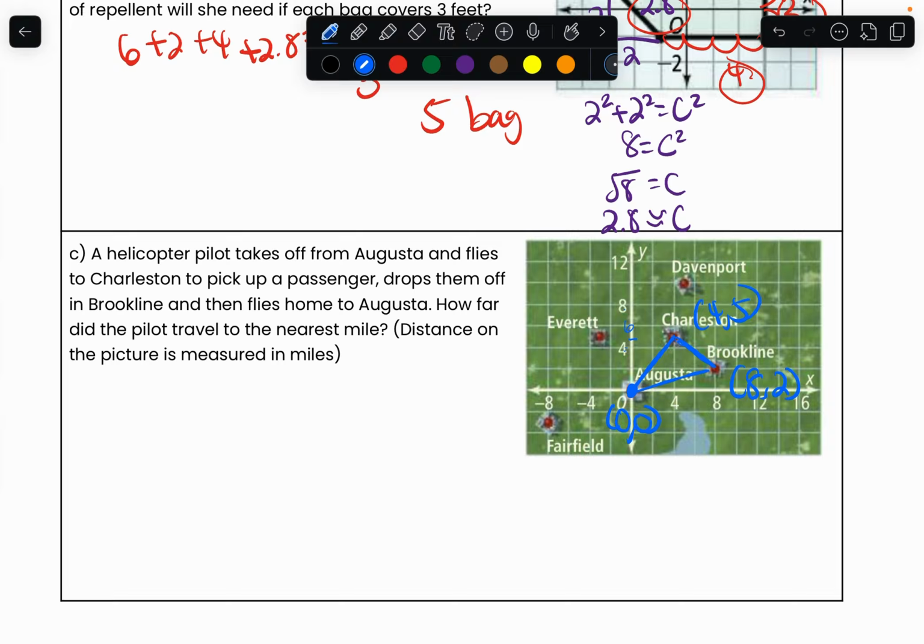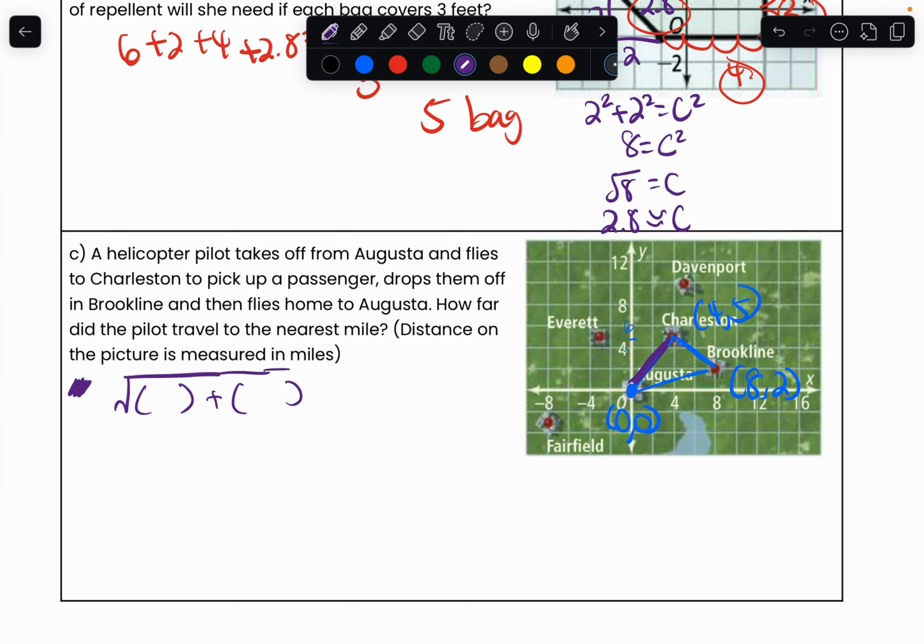So let me first find the distance between this side right here. I'm going to label in purple so we can know which one I'm talking about. To find the distance between those 2 points in purple, in my first blank I'm going to put the difference between my x. The difference between 4 and 0 here is going to be 4.